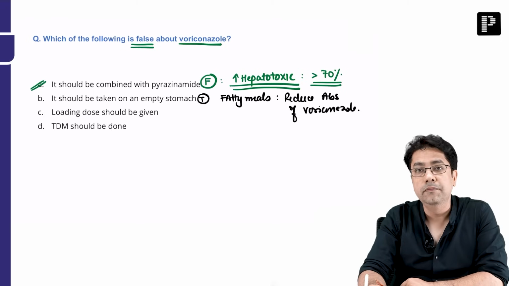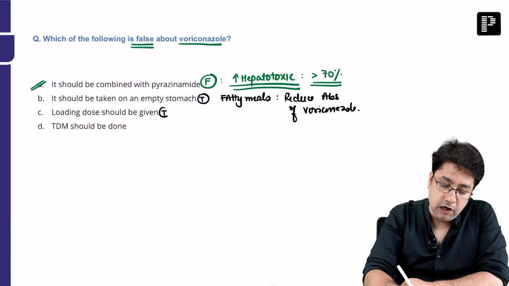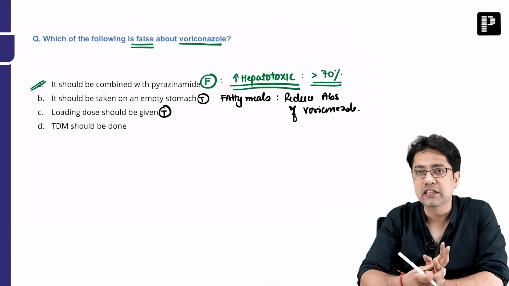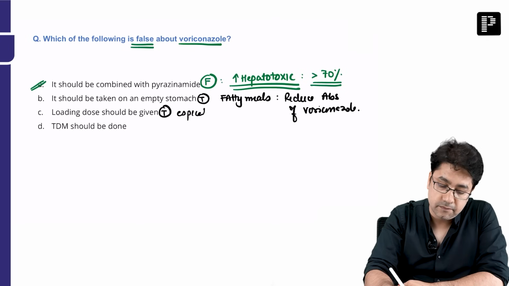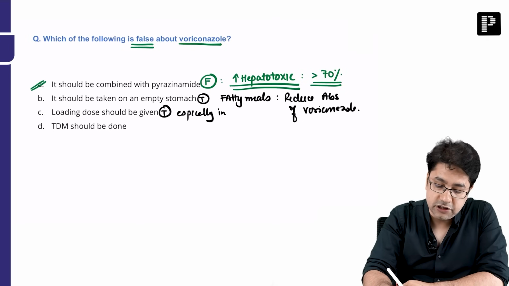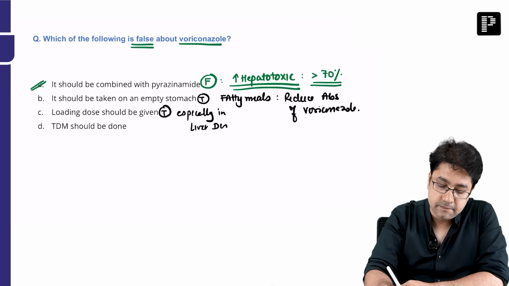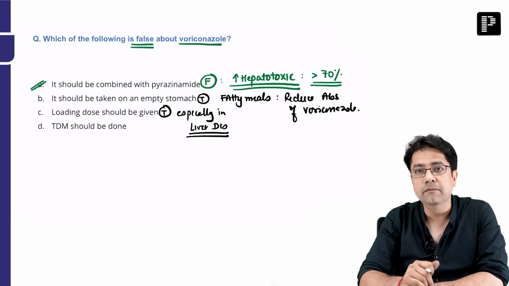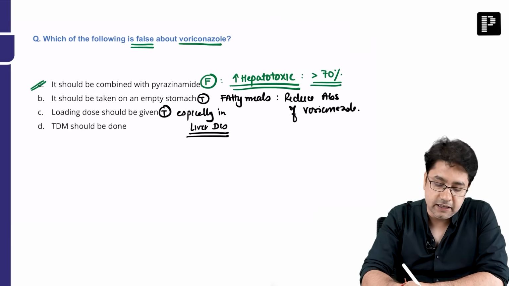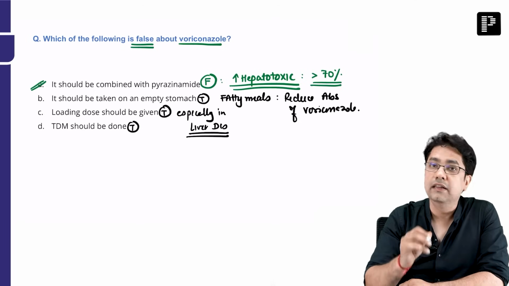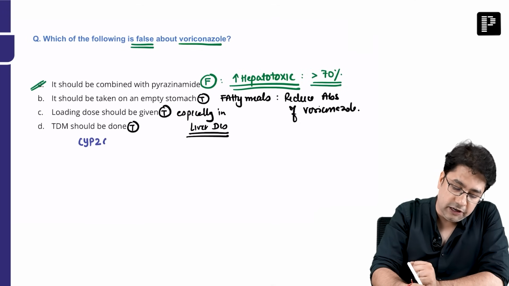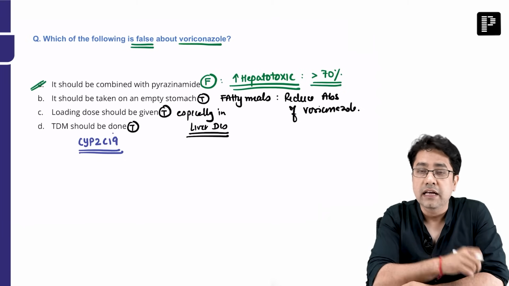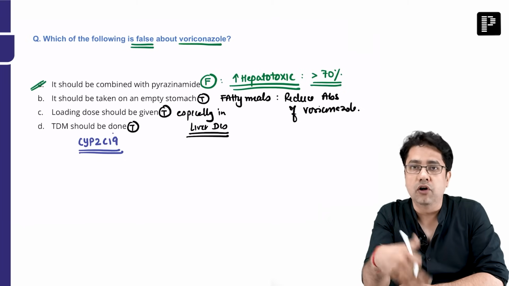Now, loading dose should be given. The answer is true. Loading dose or initial higher dose is given with voriconazole, especially in a patient of liver disease. And TDM or therapeutic drug monitoring should be done. Again, the answer is true. The reason is voriconazole is metabolized by an enzyme known as CYP2C19. Now, this enzyme shows polymorphism.